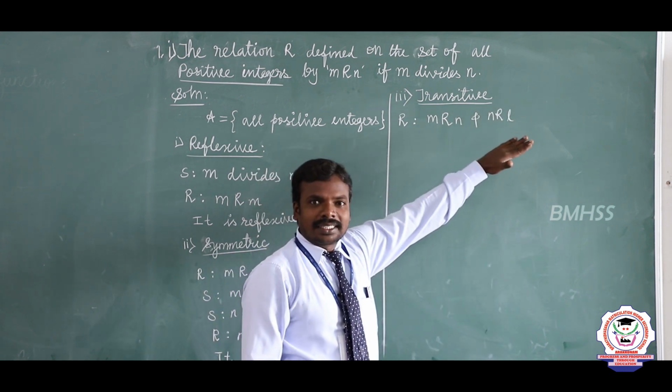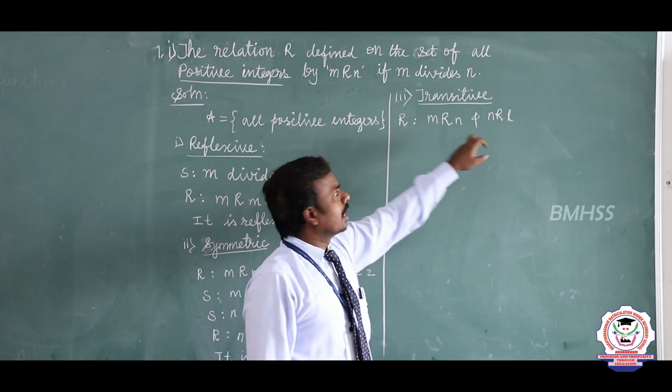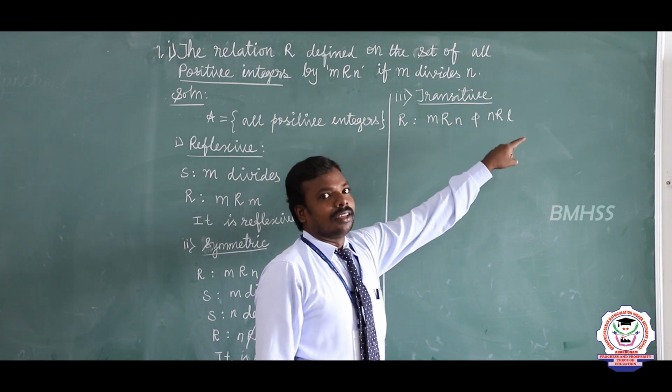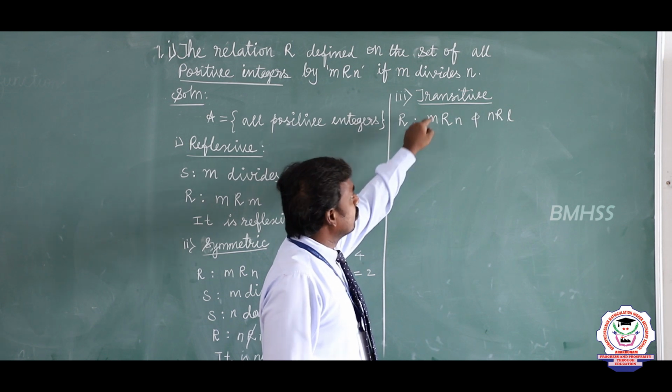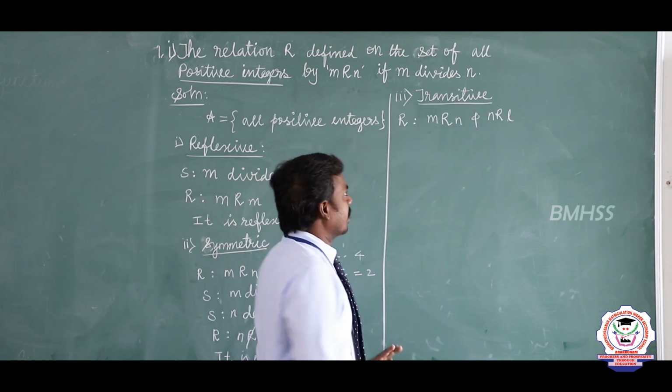What are the elements? m, n, l. m is related to n and n is related to l. Finally, then m is related to l. We need to check that.